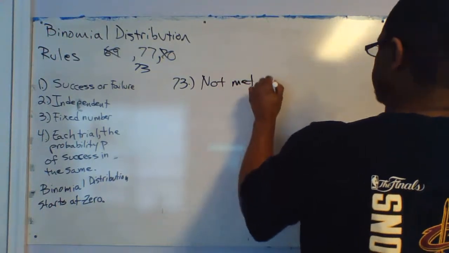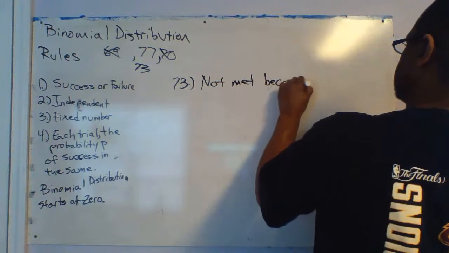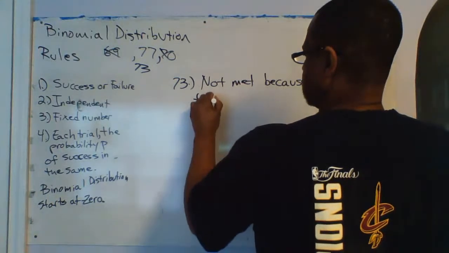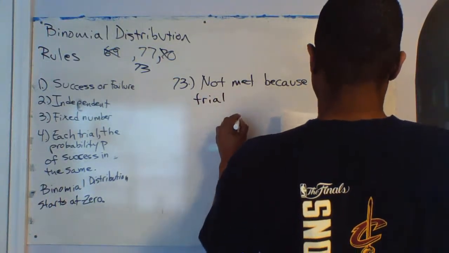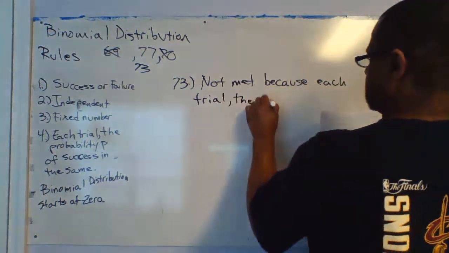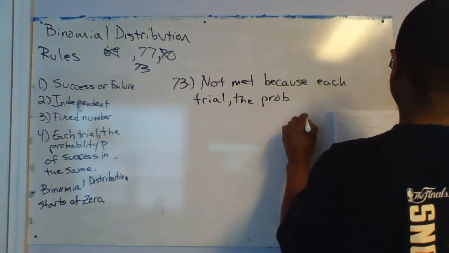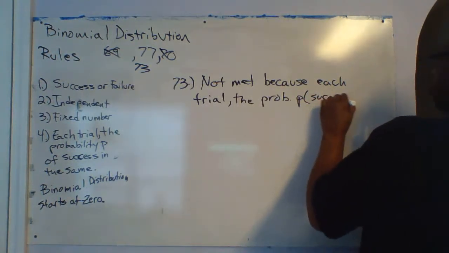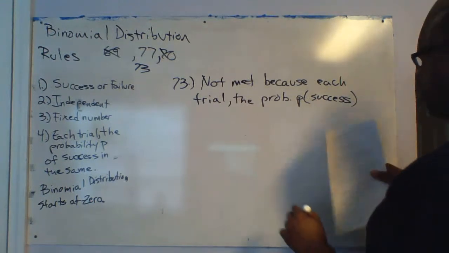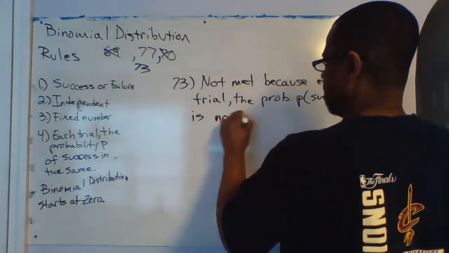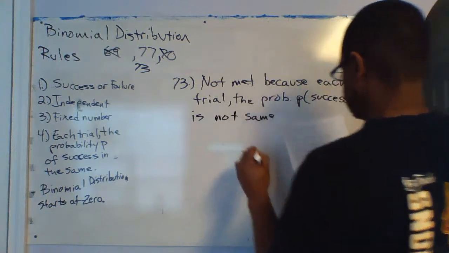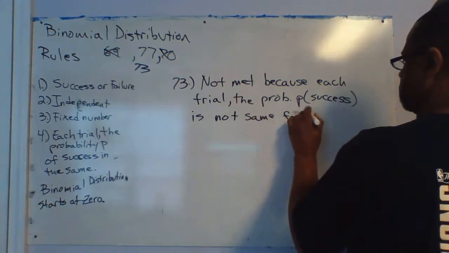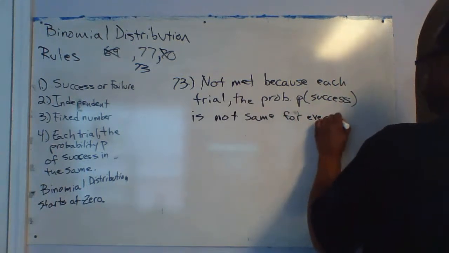Not met because each trial, the probability P, which is your success, what you're looking for, you can think about it as your event, is not the same for every situation.